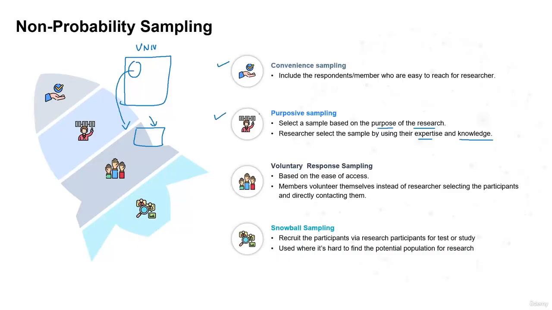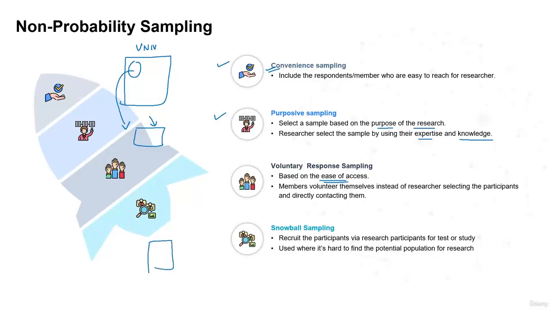The next type is voluntary response sampling. Similar to convenience sampling, voluntary response sampling is mainly based on ease of access. Instead of the researcher choosing participants and directly contacting them, people volunteer themselves. Example, by responding to a public online survey.